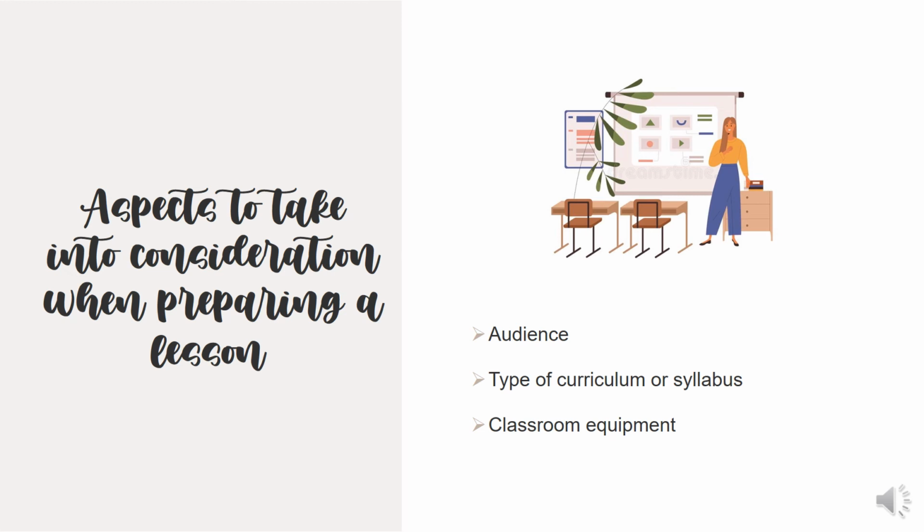Also, the type of curriculum or syllabus that we have to keep in mind and ask about whenever we go to a school. We have to see how they manage the class, or how the school is set up.